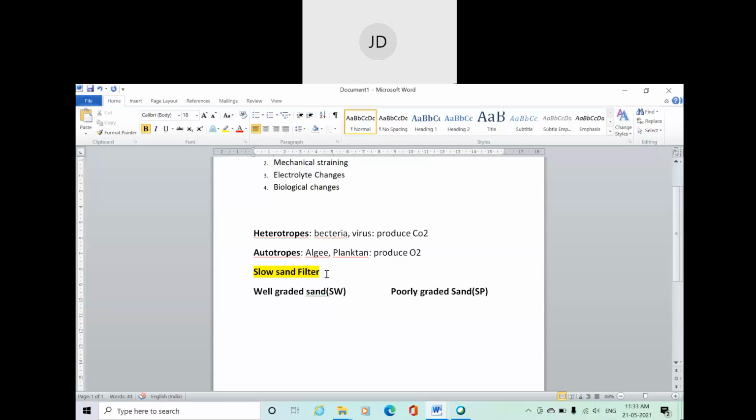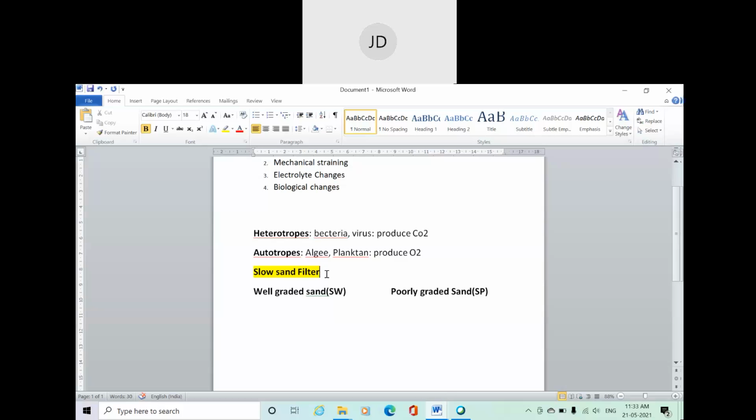But there is a drawback also. If you create a biological film over the top surface, what will happen? It will create a kind of wall structure. That means further water cannot pass through the film.